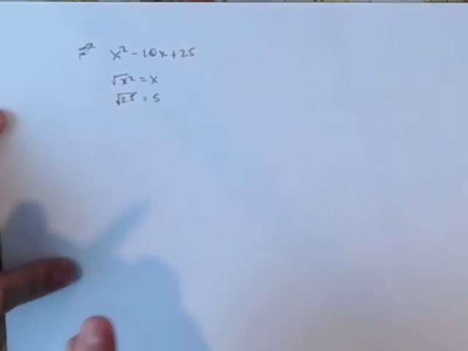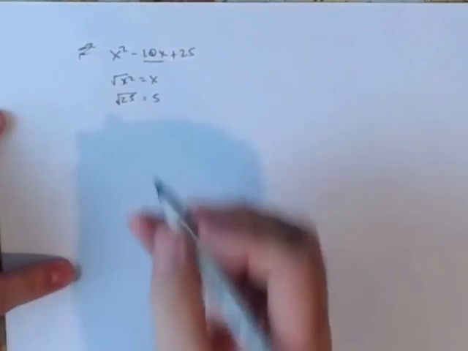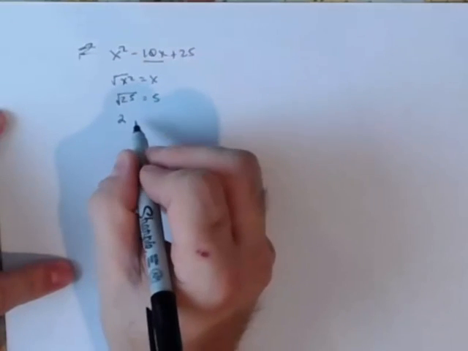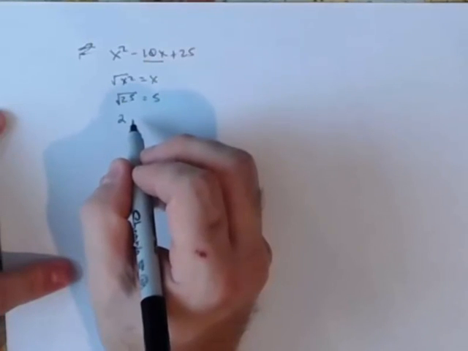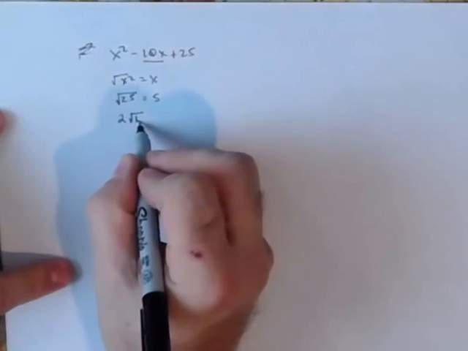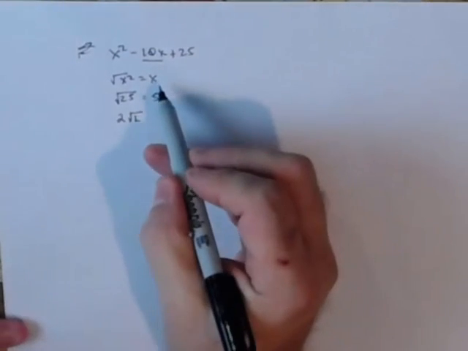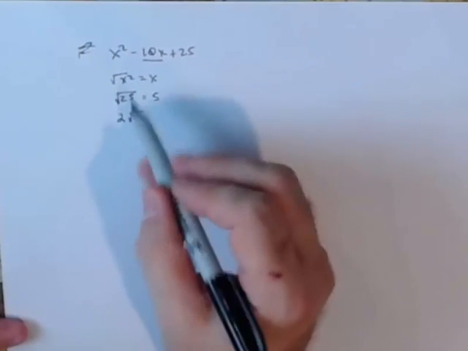But the third condition is that the middle term must be equal to 2 times the square root of the first times the square root of the last. The first has to be a perfect square, meaning we take the square root of it and get an integer, or a rational number.